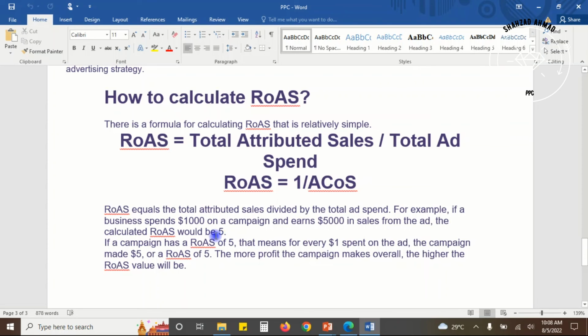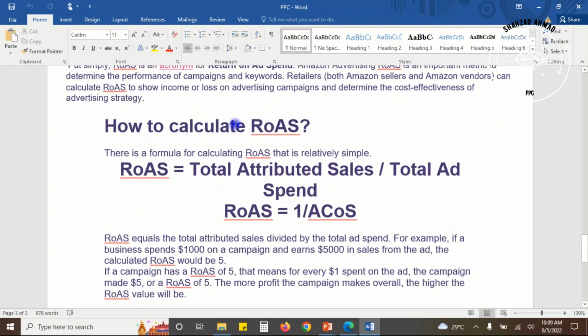How is it 5? You take 5,000 divided by 1,000. You will get 5. The interpretation of this 5 is that if a campaign has ROAS 5, that means for every $1 spent on the ad, the campaign made $5. The more profit the campaign makes overall, the higher the ROAS value will be.